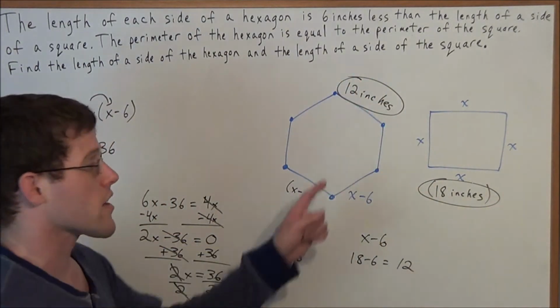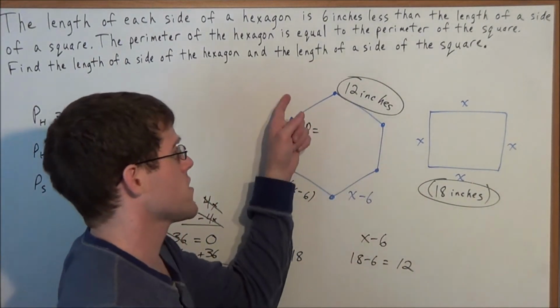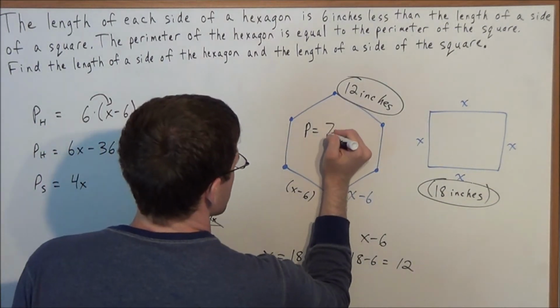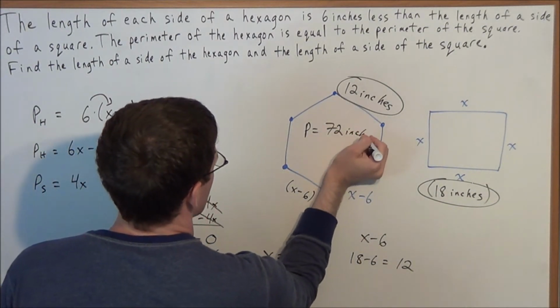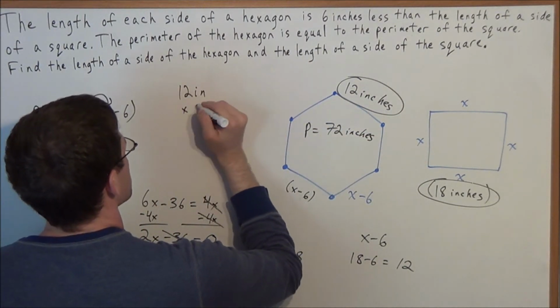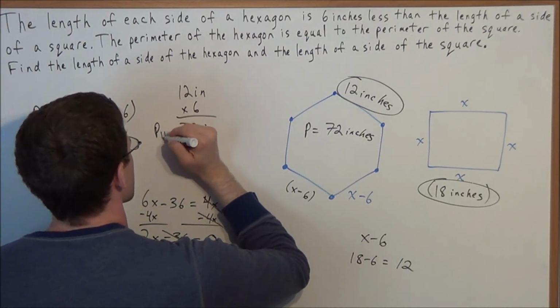And now we can even check the perimeter of the hexagon. Remember, there's 6 sides, and they're all 12 inches. So we have 6 times 12 inches, which is 72 inches. This is the perimeter of the hexagon.